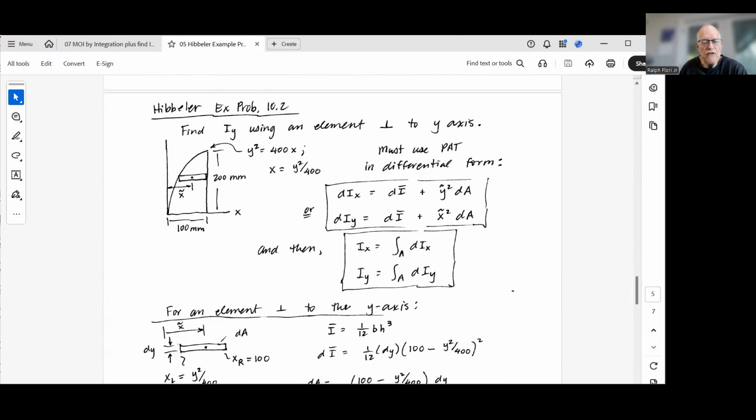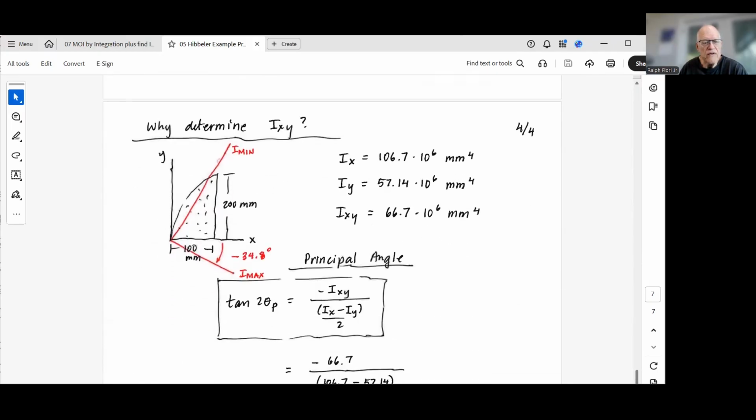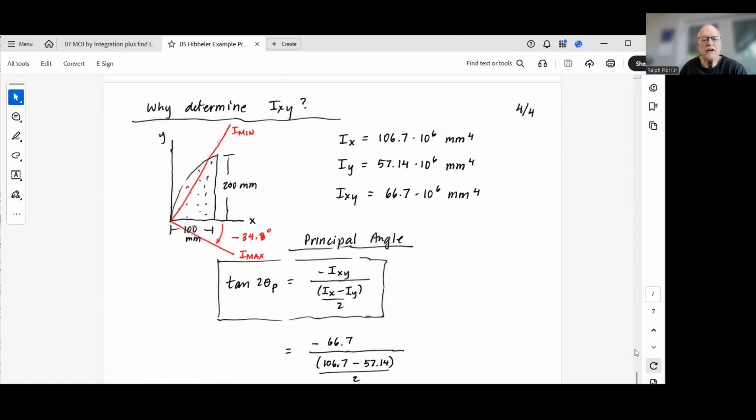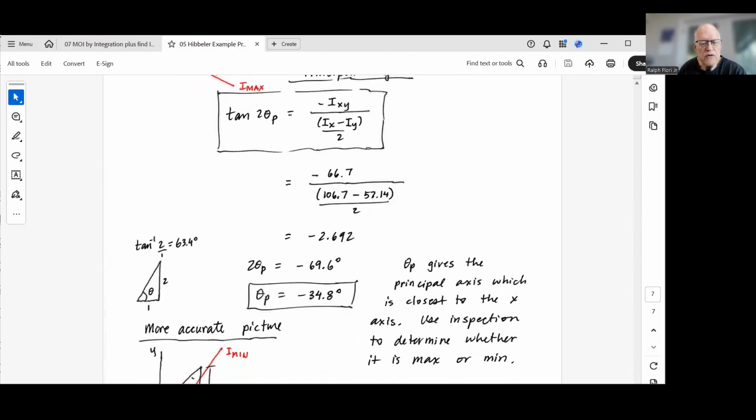And so if we take all of those values, I didn't show you this before, we plug them into the principal angle equation. Again, we'll show this to you soon. And we get theta p is equal to negative 34.8 degrees.